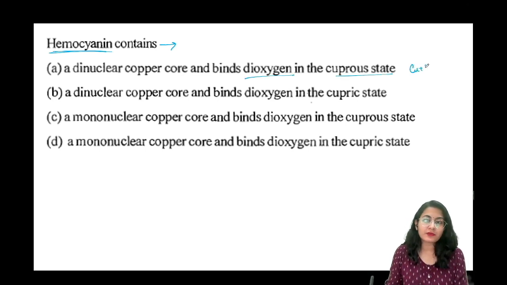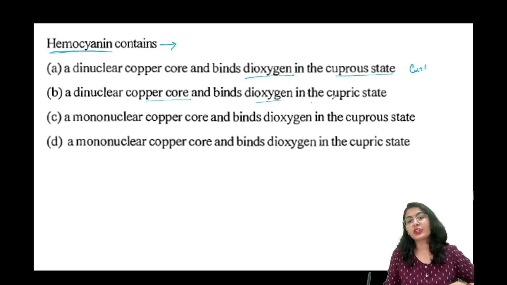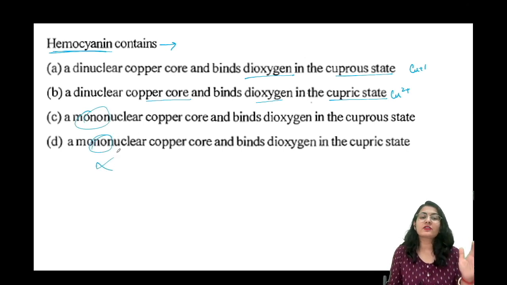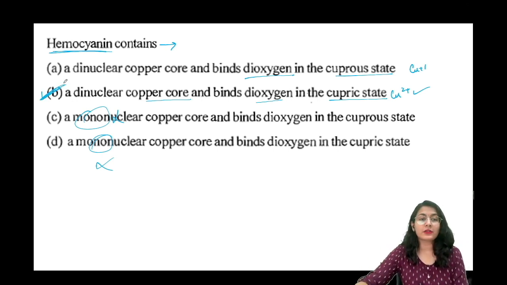Cuprous is +1. A dinuclear copper core binds dioxygen in the cupric state, that is cupric +2. A mononuclear core is not there at all. It's not mononuclear because it is dinuclear, right? So either A or B. In which state is it actually binding the dioxygen? In the +2 form, isn't it? So B is the correct answer. In the cupric state, you are going to have the oxy form of hemocyanin.